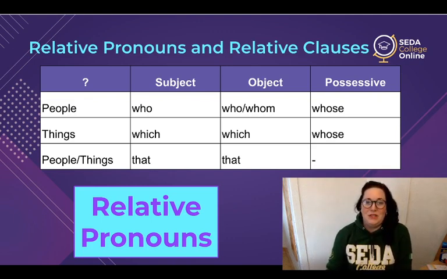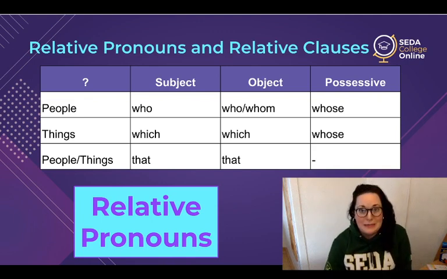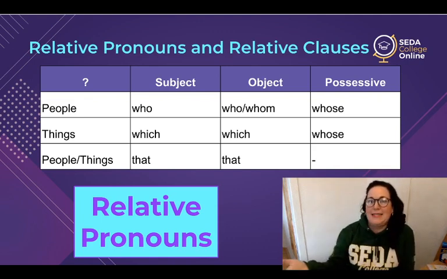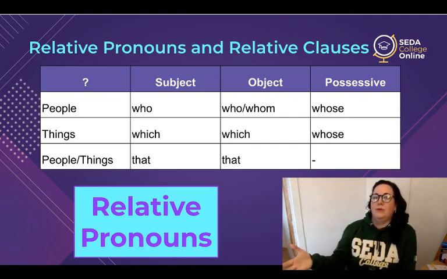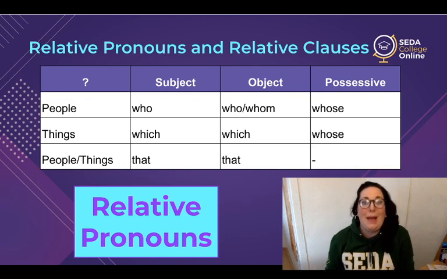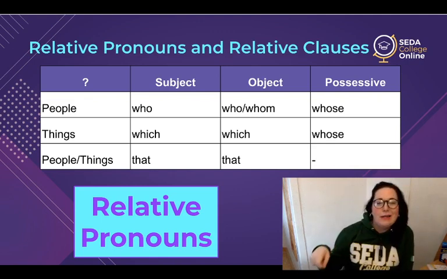People get those confused all the time, okay? So just remember, it's actually whose like this, all right? Who, apostrophe S, is who is. Like, who is that? Who's that? Okay? That's a contraction. The possessive is actually W-H-O-S-E. All right? Got to remember that and make sure you write it down.